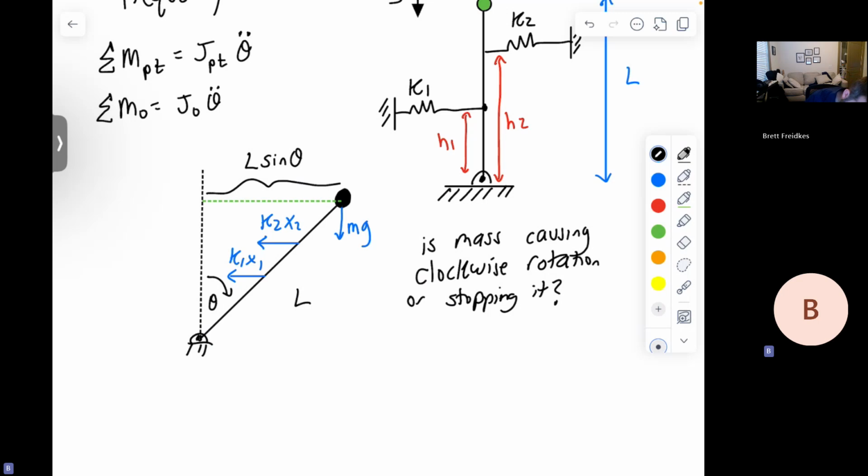Well, we see that this arrow wants to go like this, which is exactly what the angle is doing. The mass wants it to go clockwise, which makes sense. Gravity's acting downwards. It wants this thing to fall.